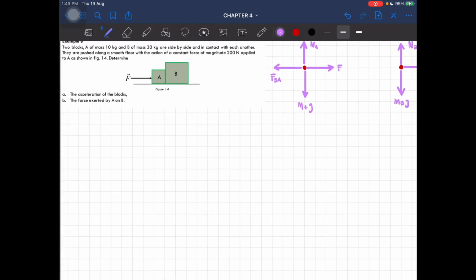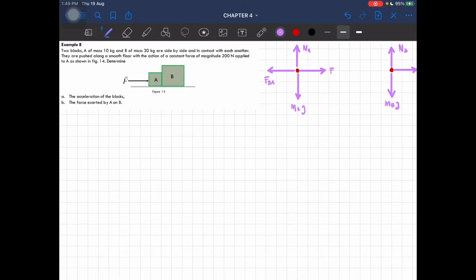And now we have to find the acceleration of the block. What information do we have? We have the mass for each block, 10 and 30 kilogram, and the force is 200 Newton. So how do we do it? We know that the total force in the x component would be equal to ma. Now we have to find the acceleration.